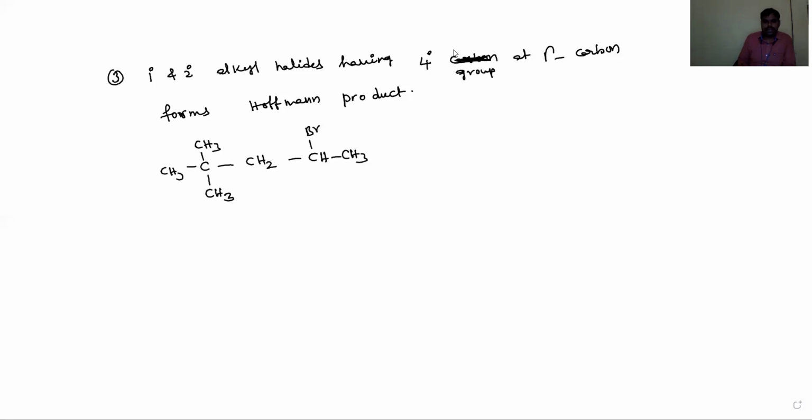This bromine-attached carbon is the alpha carbon, and this is the beta carbon and the gamma carbon. The gamma carbon is a quaternary carbon. At the gamma carbon, a quaternary group or quaternary carbon is present. Then it undergoes the Hofmann elimination reaction.